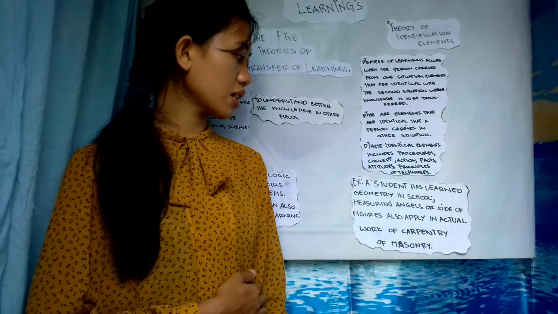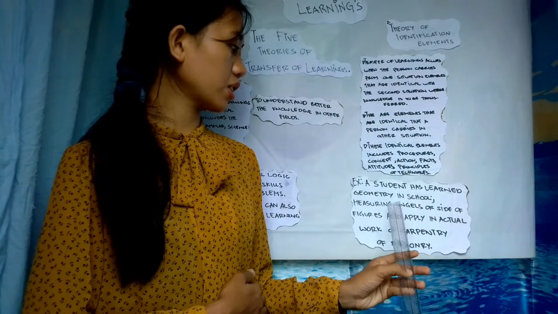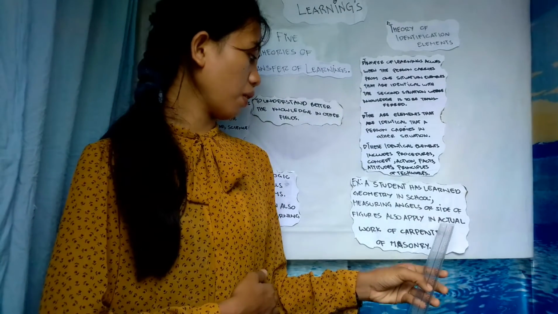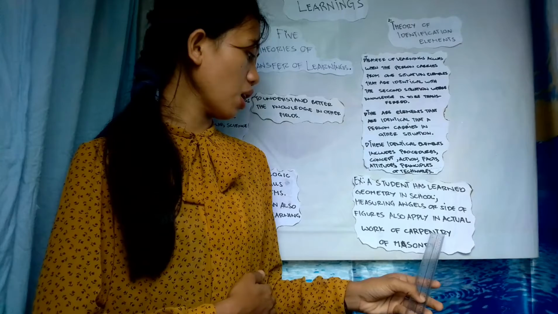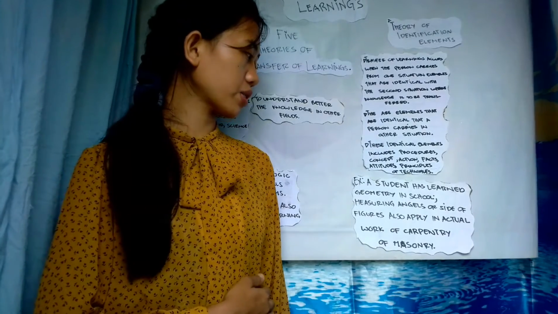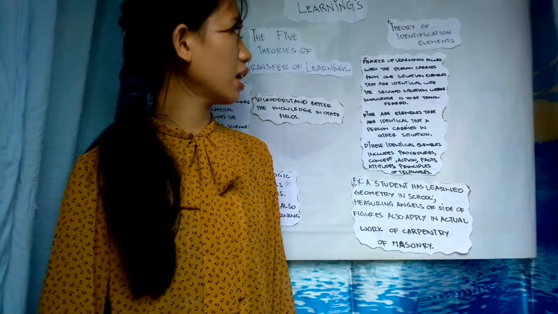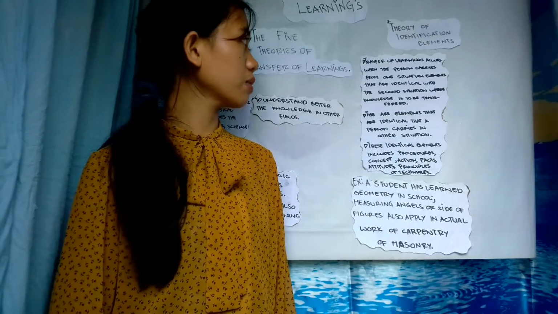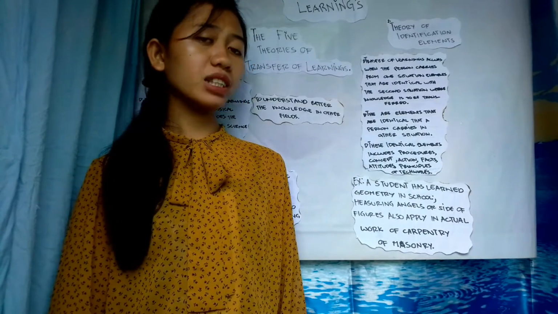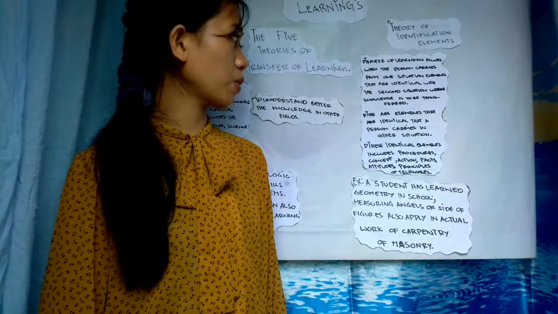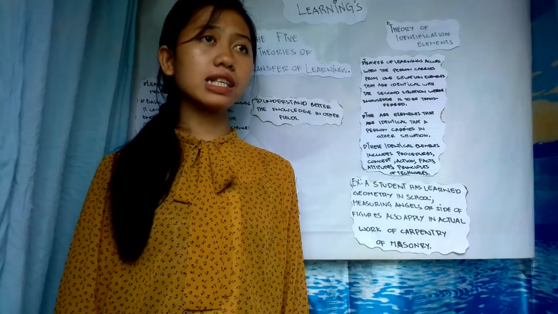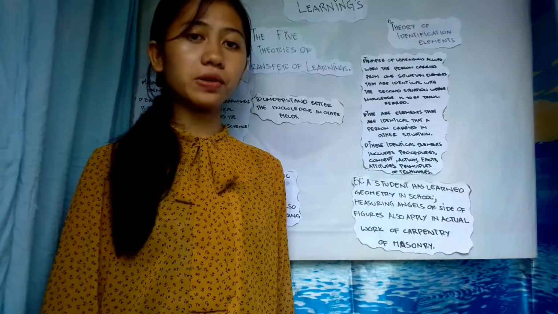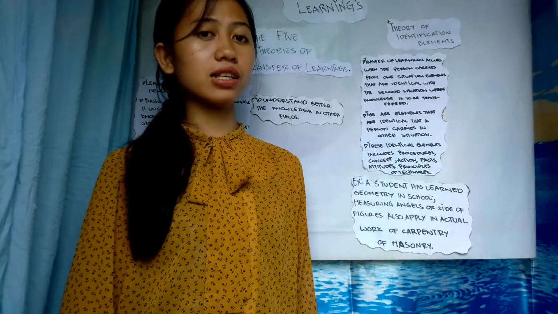For example, a student has learned geometry in school. Measuring angles or sides of a figure also applies in actual work of carpentry or machinery. So the theory of identical elements is that your learning in the first situation can also be applied to solve the second situation.